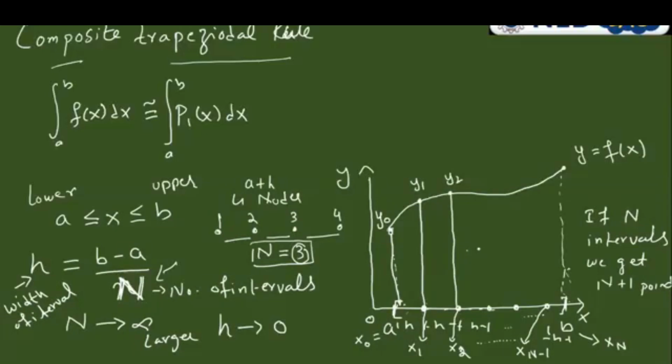And if I continue like that, I will reach the second last point. Let's draw the second last point here. The second last point has the coordinate xn minus 1 subscript, so the height would be yn minus 1 subscript.